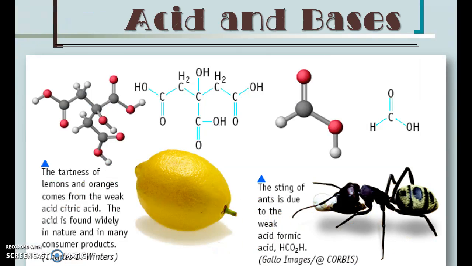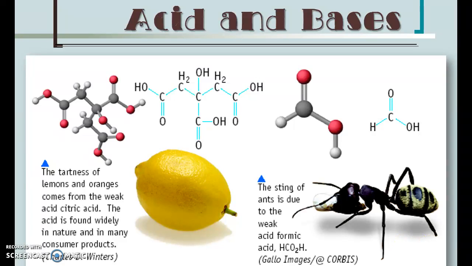Alright, so I love the idea of looking at some everyday common items to understand how acids and bases are a part of your world. So again, I think most of you are pretty comfortable with the idea that things such as lemons, limes, oranges, your fruits, are weak acids, and they're made up of what's called citric acid.